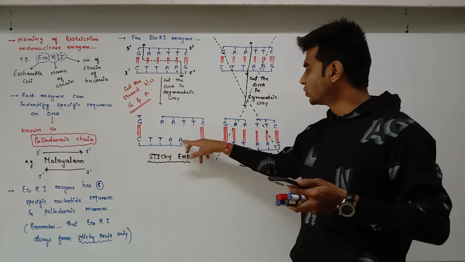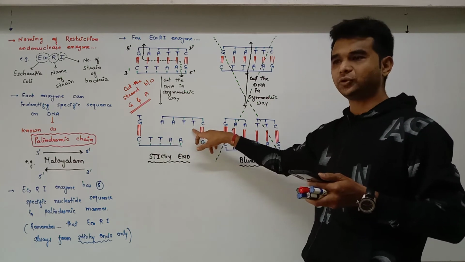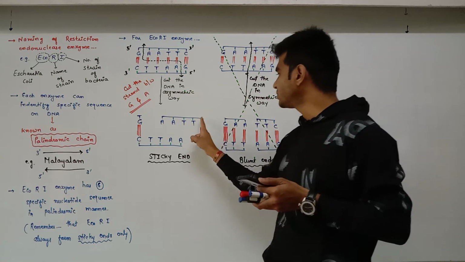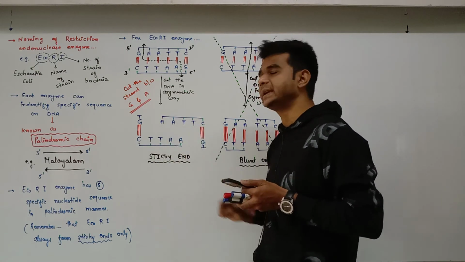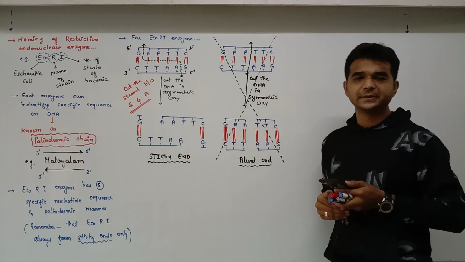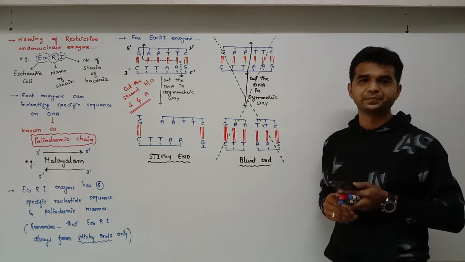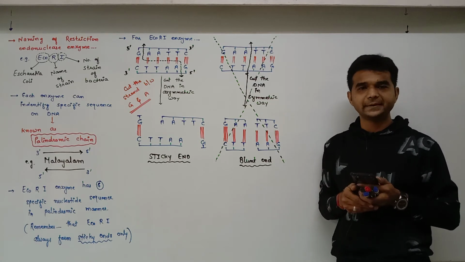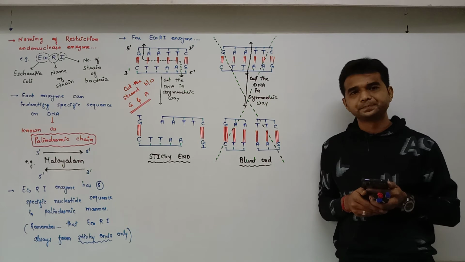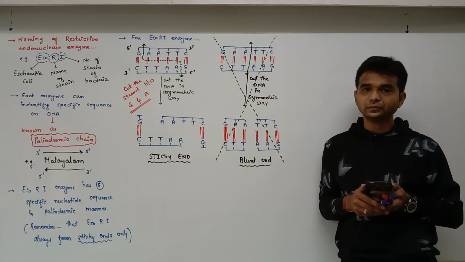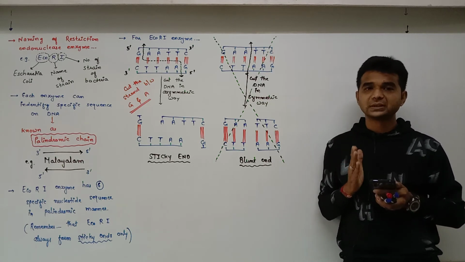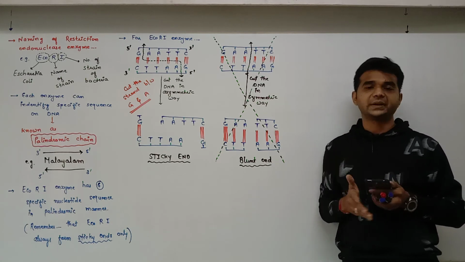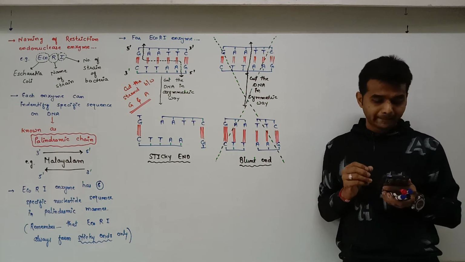So this is known as overhanging end, known as sticky end, on each strand. So this is known as sticky end and this is known as sticky end. We are able to attach another sticky end of another DNA of another organism, where the codes are the same but the function is different.